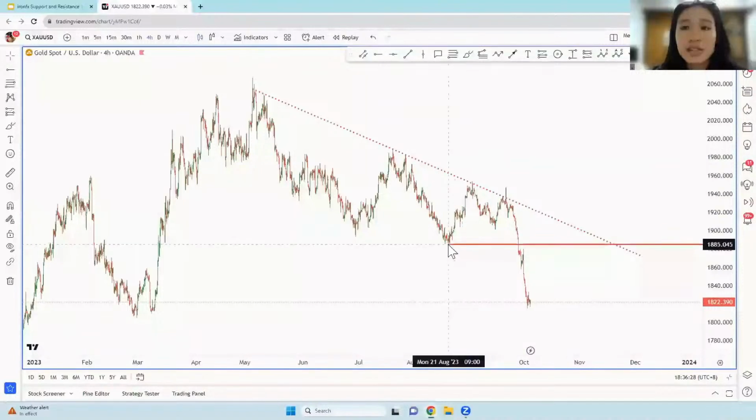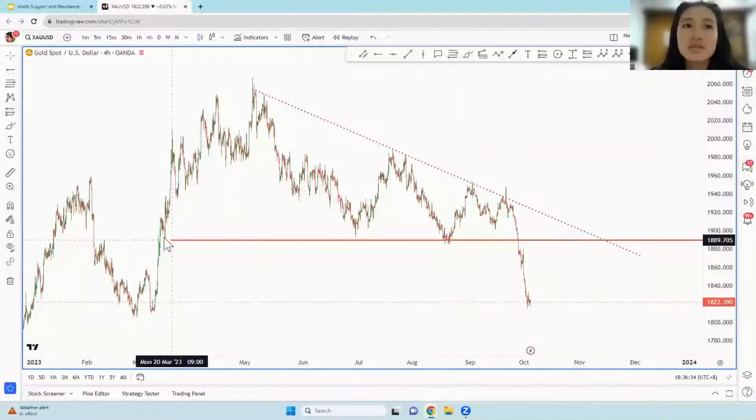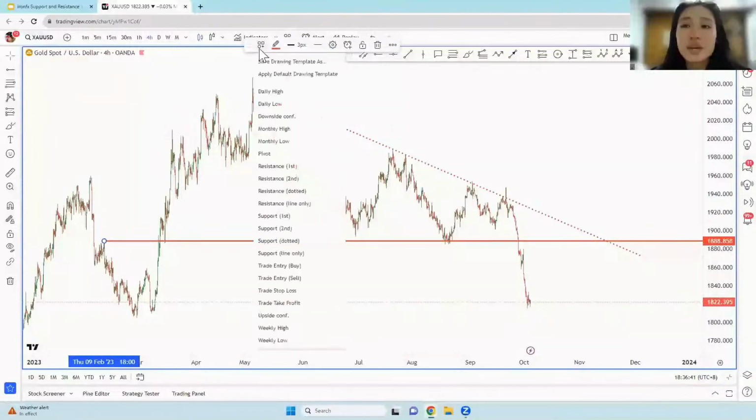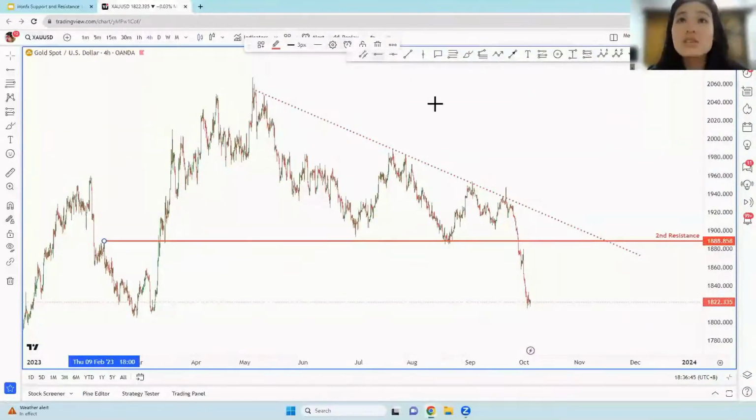Now that I've done that, the next step is to go in with support and resistance levels. Here is my second support, second resistance.